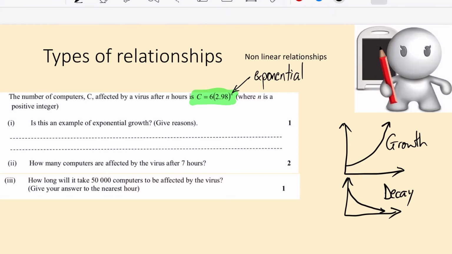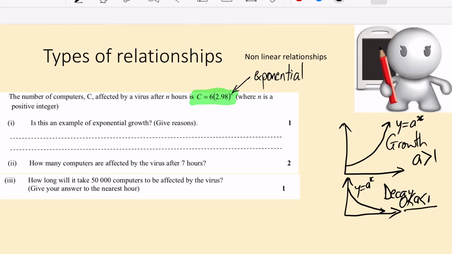The difference between these two models: here y is equal to a to the power of x. Now, a is a numerical base, so in this case, a is 2.98. When you've got growth, a is greater than 1. When you've got decay, so y equals a to the power of x, a is less than 1, but greater than 0.